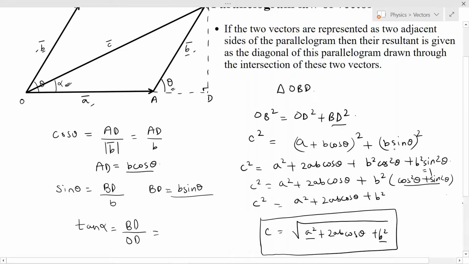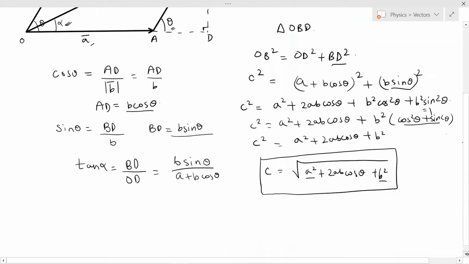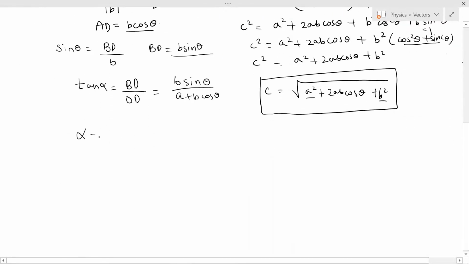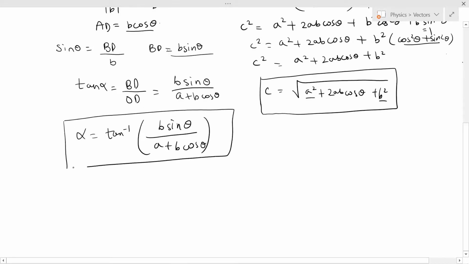BD is nothing but B sin theta, and OD is nothing but A plus B cos theta. So alpha then becomes tan inverse of B sin theta upon A plus B cos theta. This is my direction of the resultant vector.